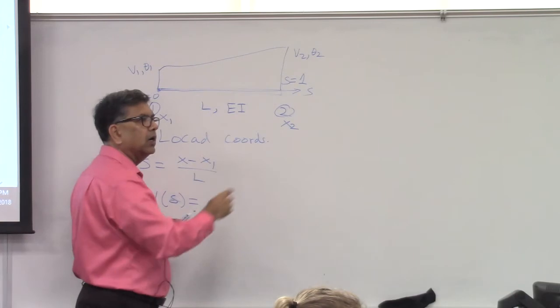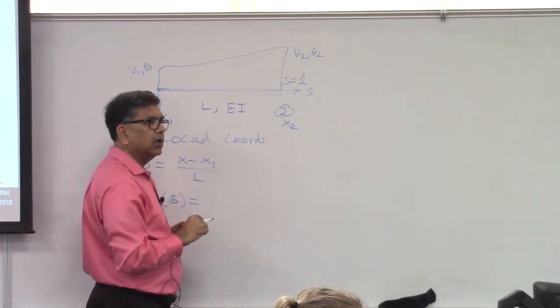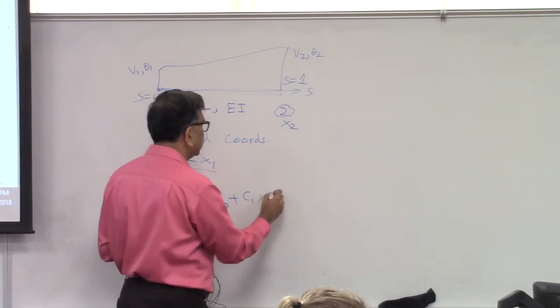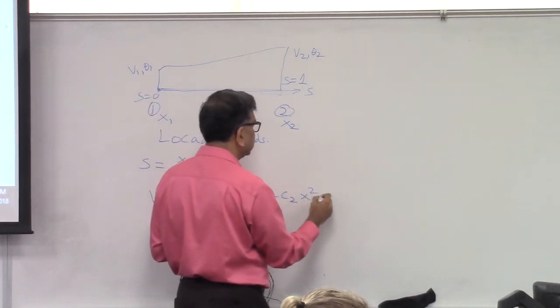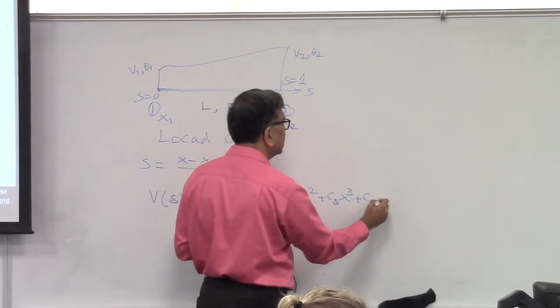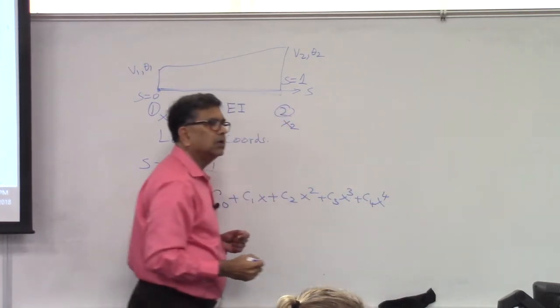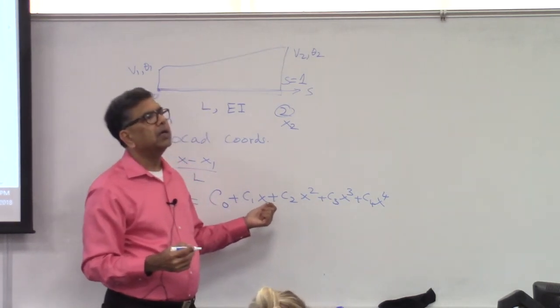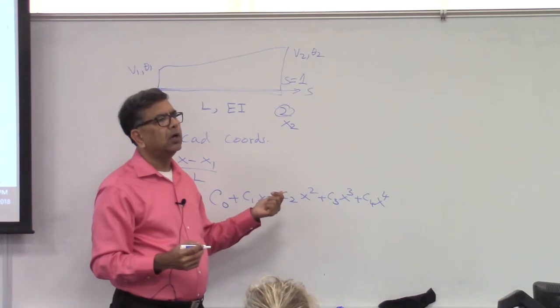Up to 4? X to the 4? That means you are saying C0 plus C1x plus C2x squared plus C3x cubed plus C4x to the 4? You don't want to change your mind? Why did you choose power 4?